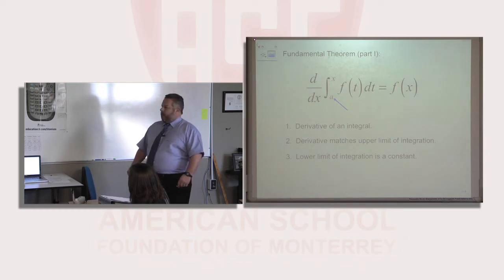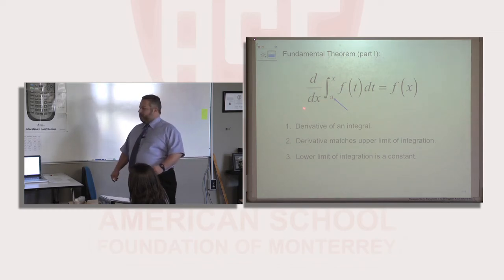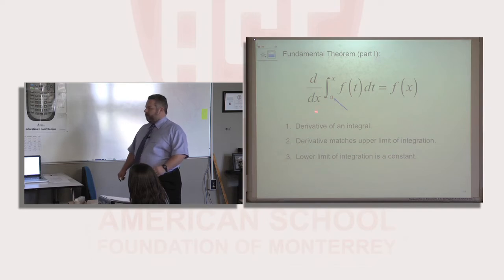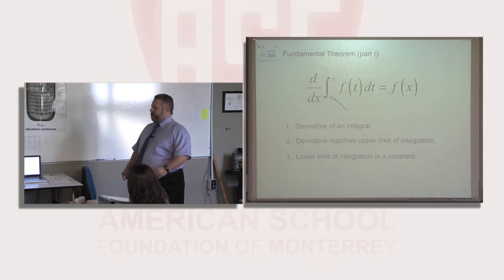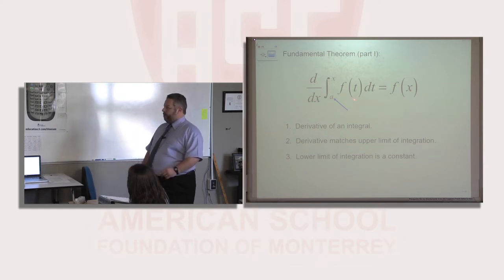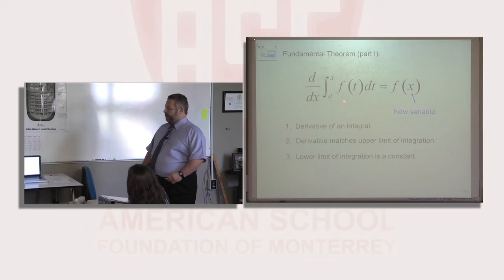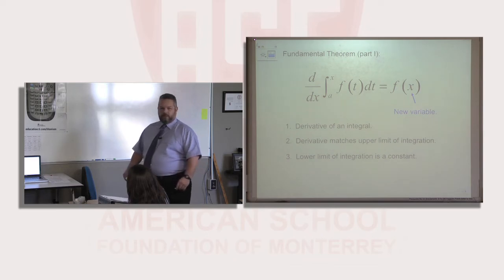And what we notice is that if we've got this situation where we've got the derivative of an integral, the top limit of integration matches the variable of differentiation, and the bottom limit of integration is a constant, then the answer is the function evaluated at the top limit of integration, f at x. We get a change of variable here. f at t goes to f at x.